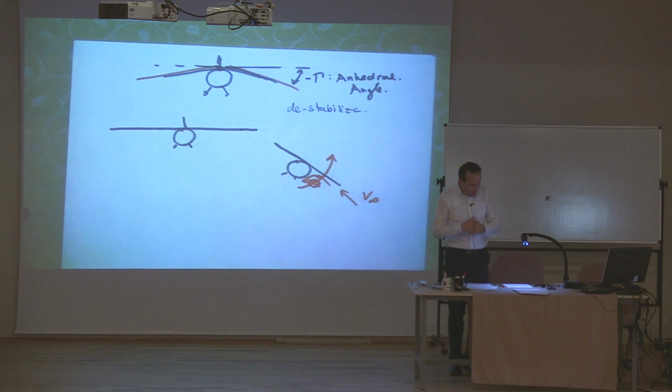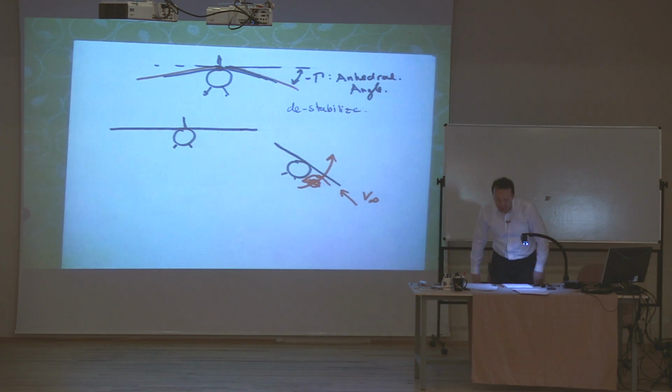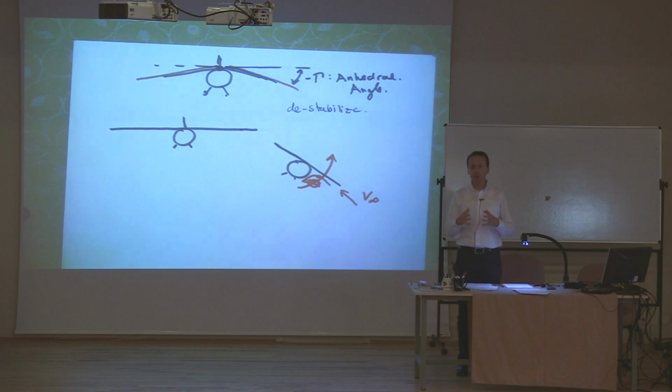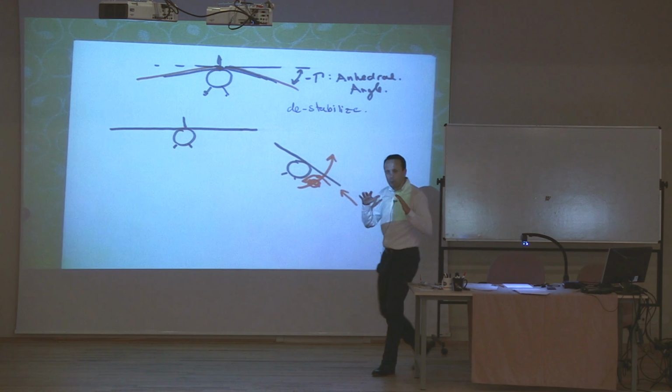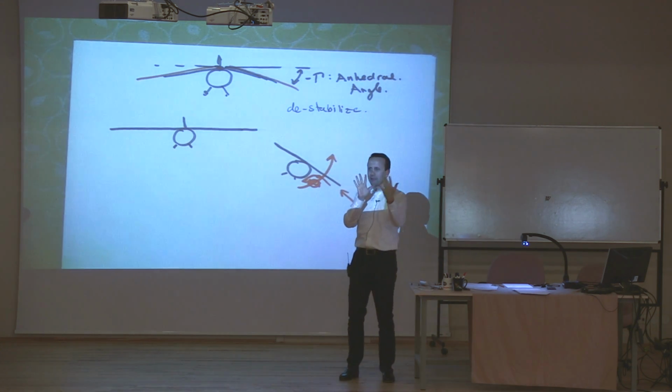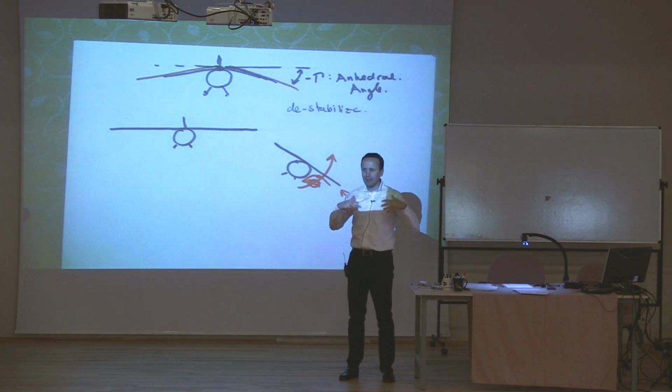I will talk about this a little bit more in the next hour, and I want to show you pictures of airplanes and look at the wing configurations. You might want to look at airplanes from the front and from the back with a different eye now.